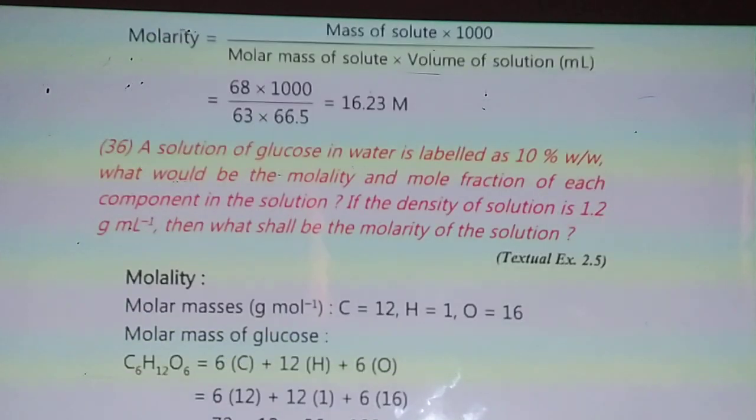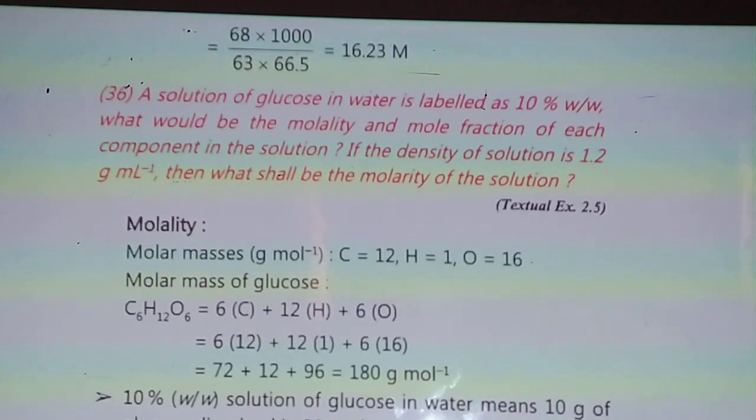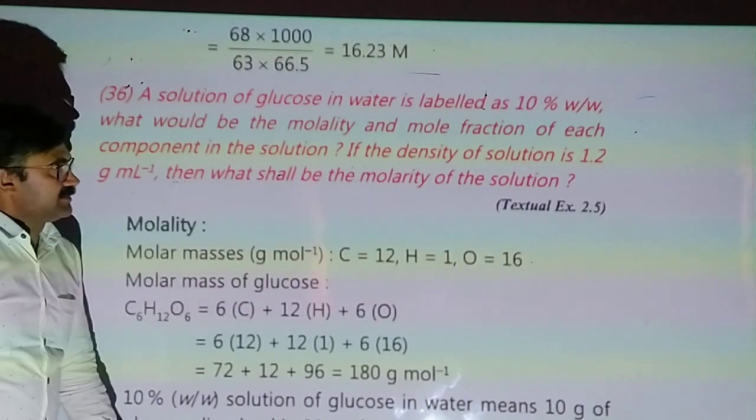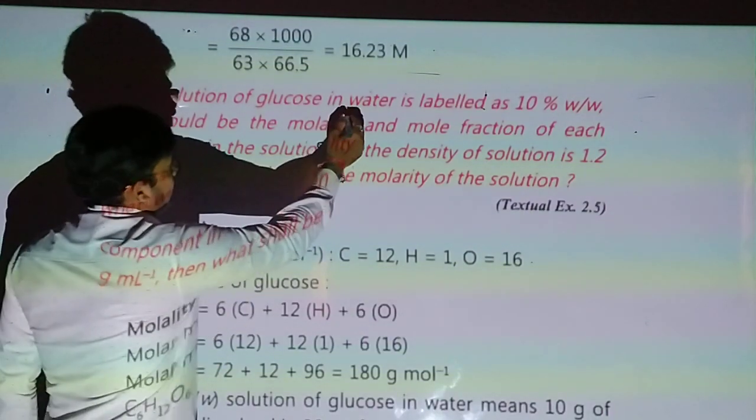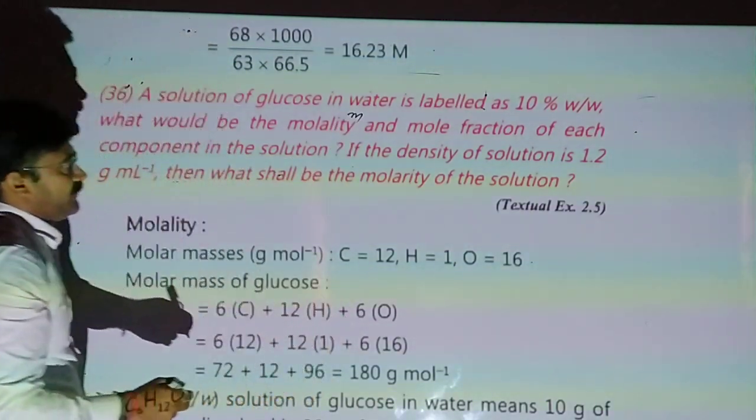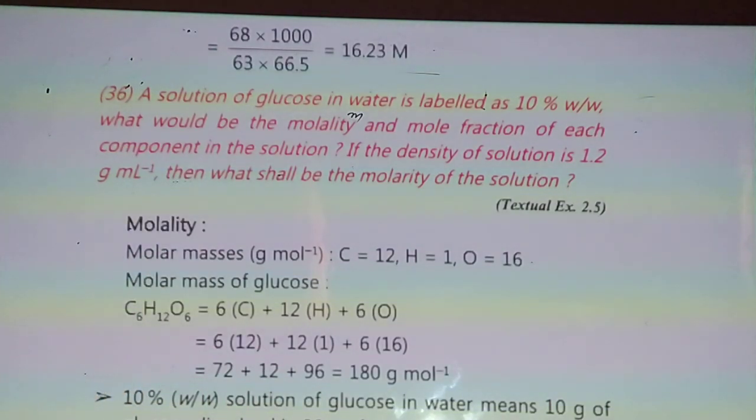Now textual question, exercise 2.5. Solution of glucose in water is labeled as 10% weight by weight. What would be the molality and mole fraction of each component, solute and solvent? If the density of the solution is 1.2 gram per milliliter, then what shall be the molarity of the solution?